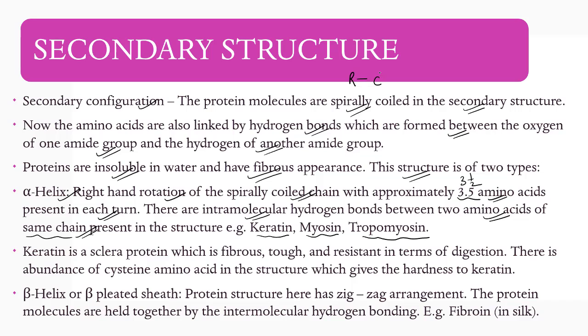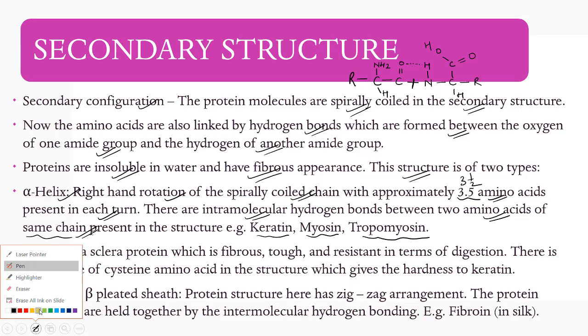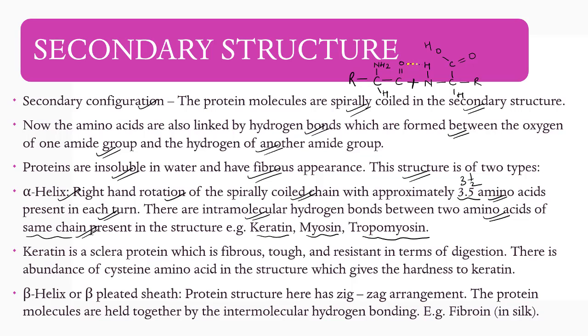Like this is the amino acid R, C, NH2, C double bond O, N, H, C, OH, R, H. You can see this is the peptide bond, and the oxygen hydrogen bond. This is the hydrogen. Okay, understood?